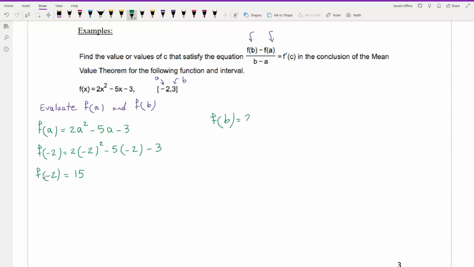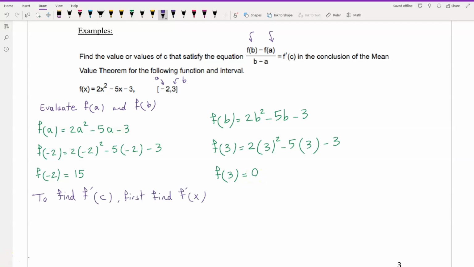That is equal to 2 times b squared minus 5 times b minus 3. Now b is +3, so f of 3 is equal to 2 times 3 squared minus 5 times 3 minus 3. So f of 3 is equal to 0.